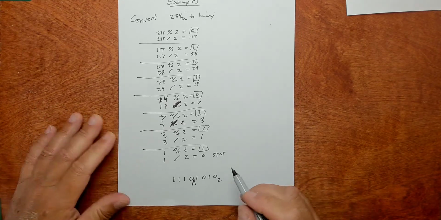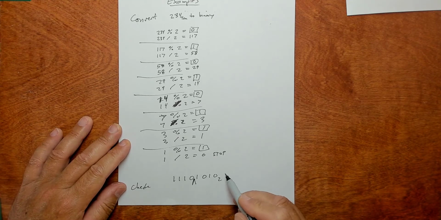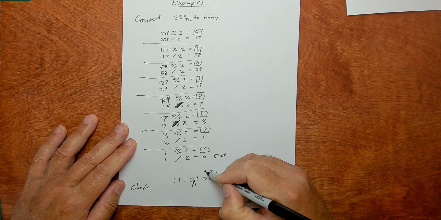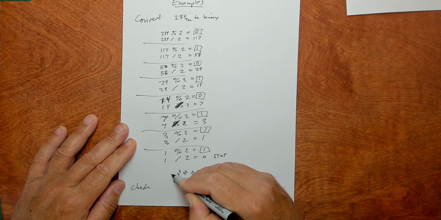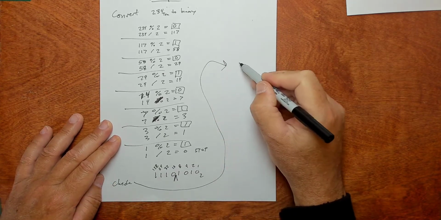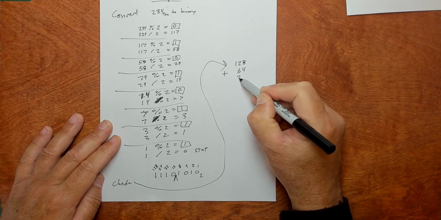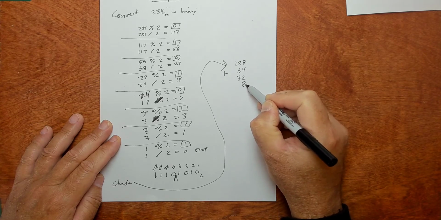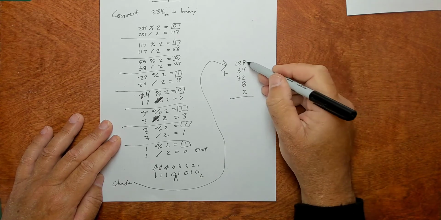But you can check it. So to check, let's see, we have 1, 2, 4, 8, 16, 32, 64, 128. So the check, I'm going to put it over here, so it's 128 plus 64 plus 32 plus 8 plus 2, and that should add up to 234 if I did it right.